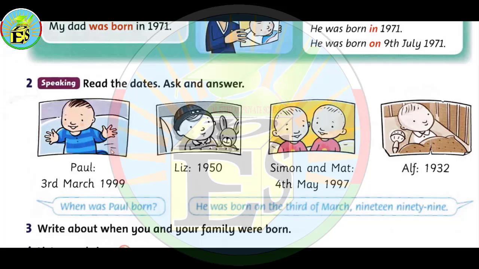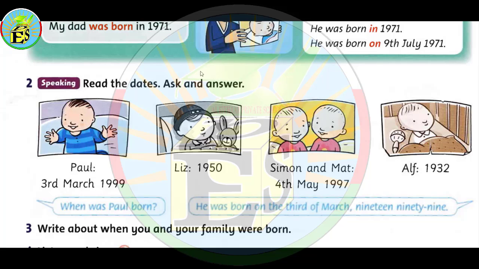And what we need to do is just to form questions for each of these pictures and then write an answer. Of course, we must be careful with writing the dates, because when we talk about the year only, the preposition used is in. When we talk about the month and the year, it is on.